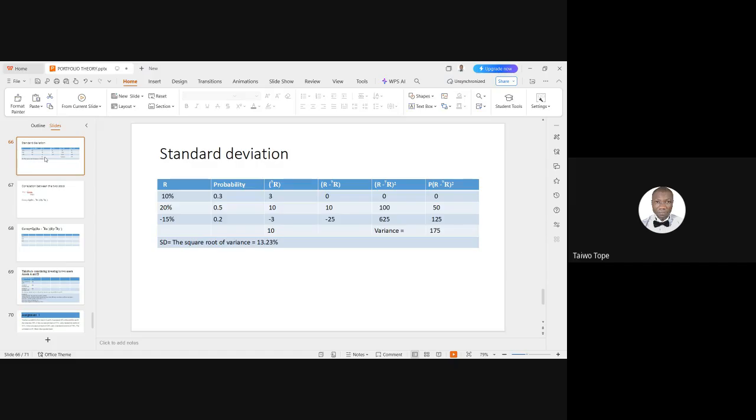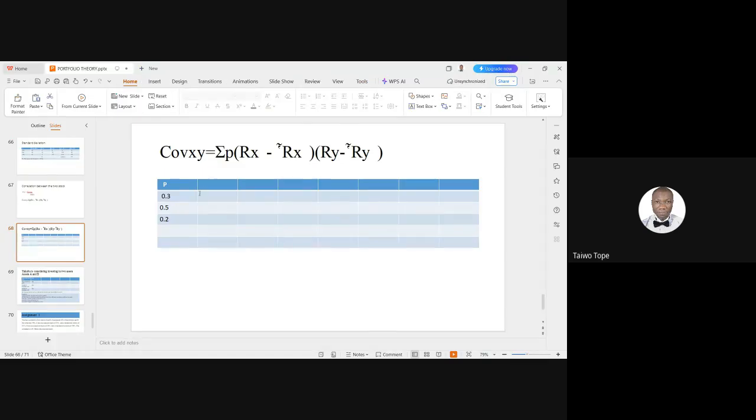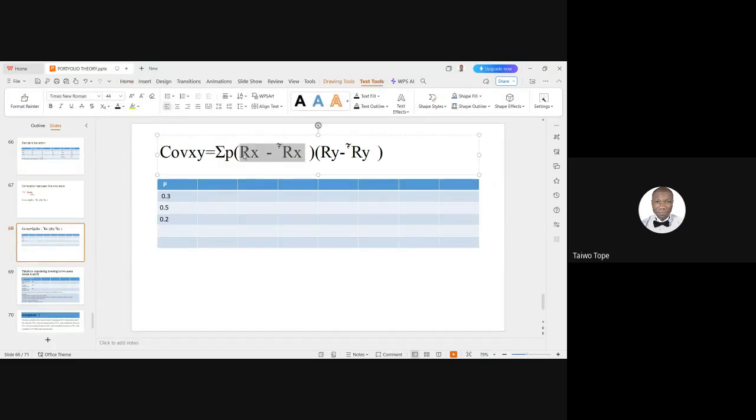We'll solve for Rx minus Rx bar. The outcome is 0, 10, minus 25. That is this aspect of the formula here. We'll solve for it while we're solving for X.